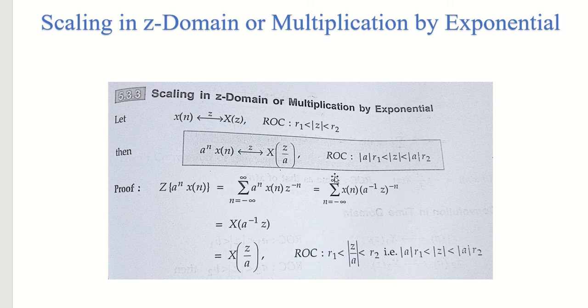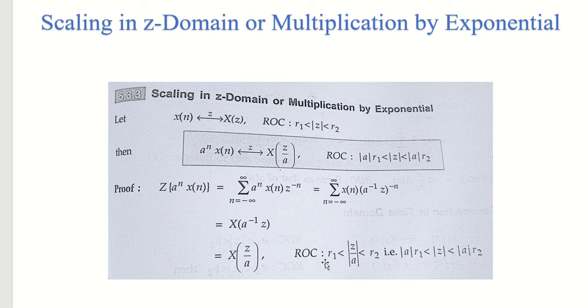It actually became the Z transform of the function a inverse into z, so it will be X of a inverse into z, and that is X of z divided by a. So because the function itself became z divided by a, the region of convergence is still the same for the function z divided by a.